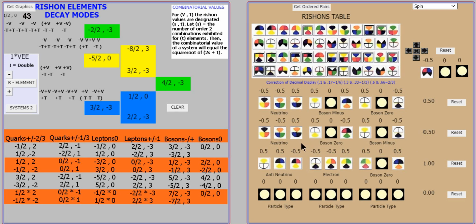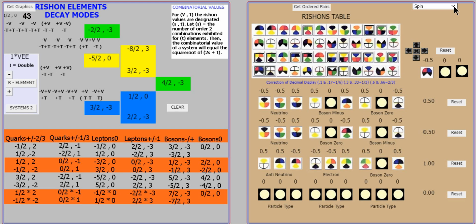And so we can see the overall spin is consistent with the input spin.